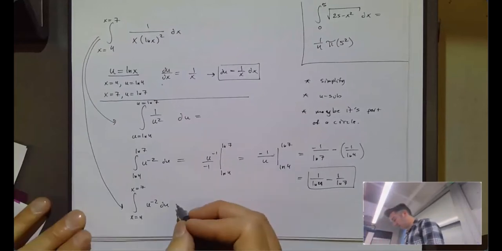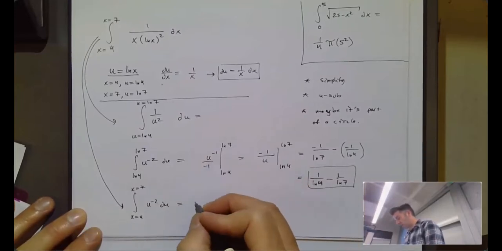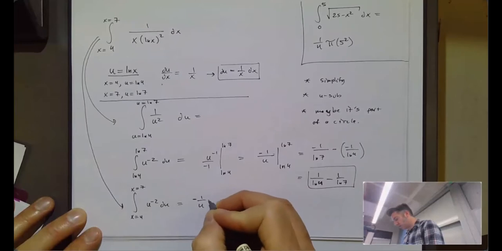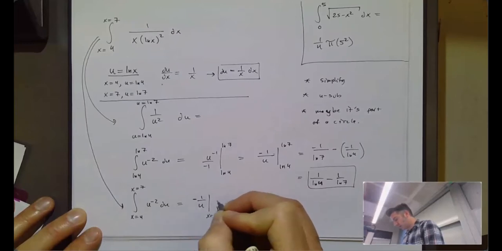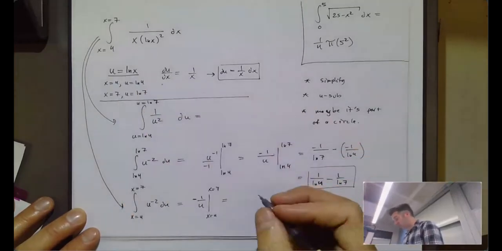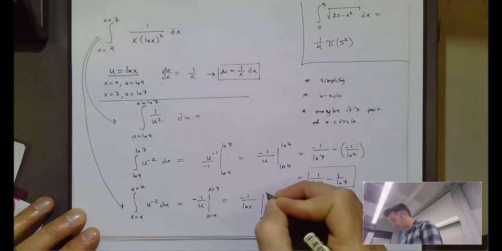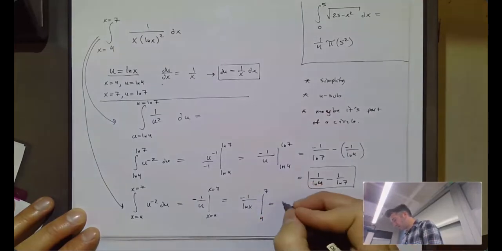Then we antidifferentiate and get the same thing: u to the negative first over negative 1, which is negative 1 over u from x equals 4 to x equals 7. Then we plug back in that u is equal to the natural log of x from x equals 4 to x equals 7. Now I think you can see how it's going to be the same.